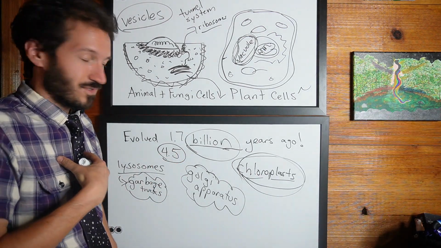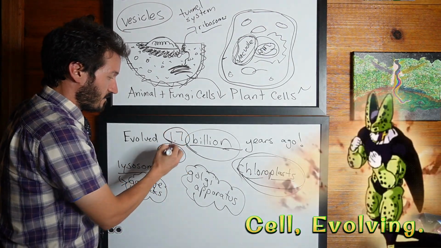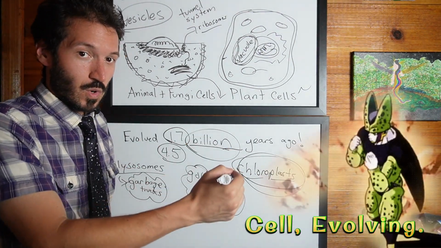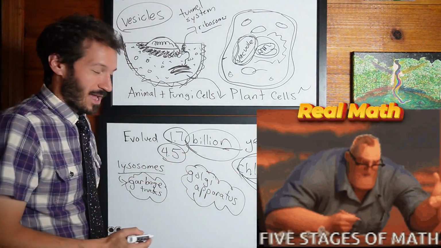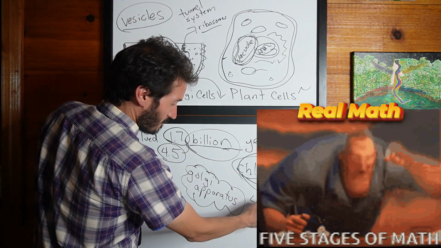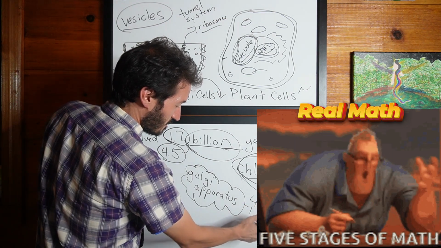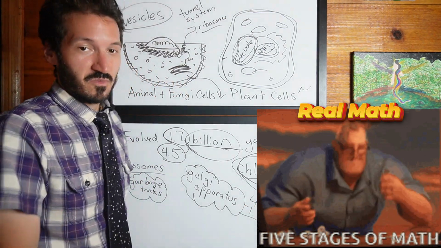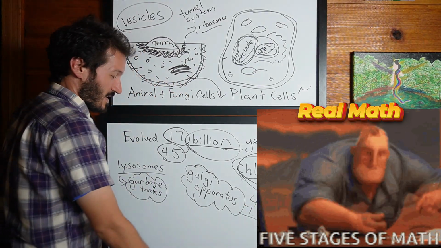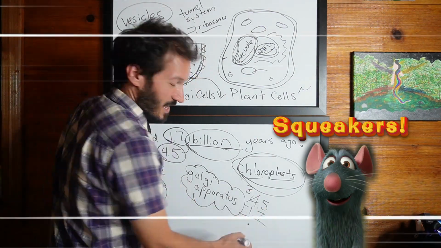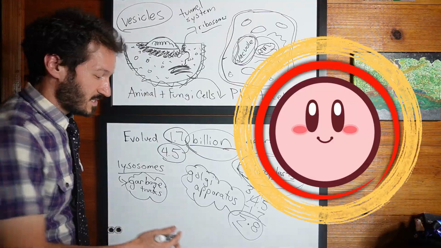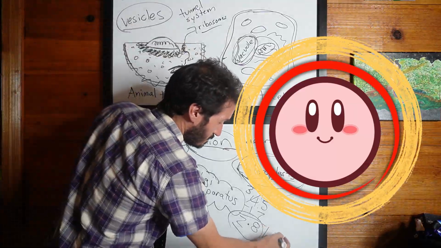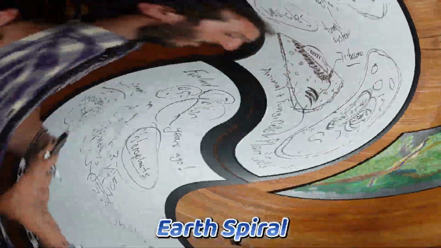Our own cells evolved about 1.7 billion years ago. So there's a lot of time in between. You can do your math: 4.5 minus 1.7 nets us a difference of 2.8 billion years. Pretty crazy to think about.